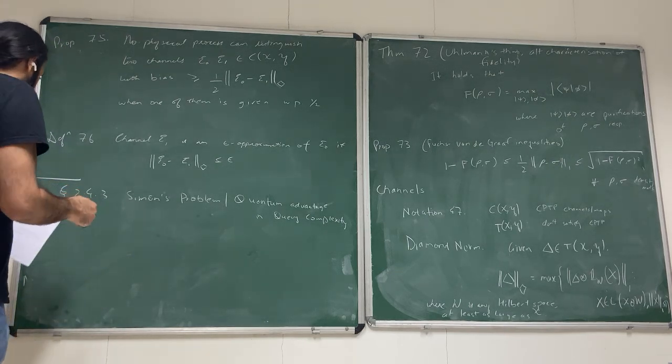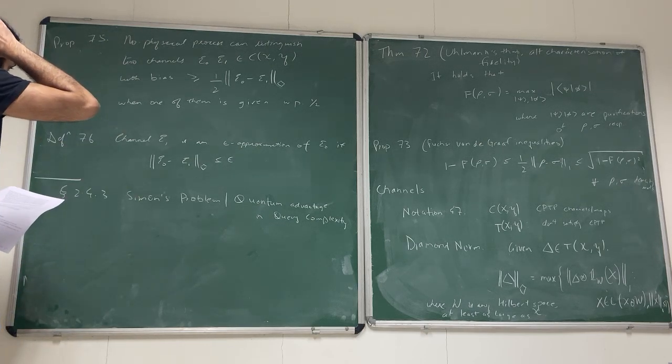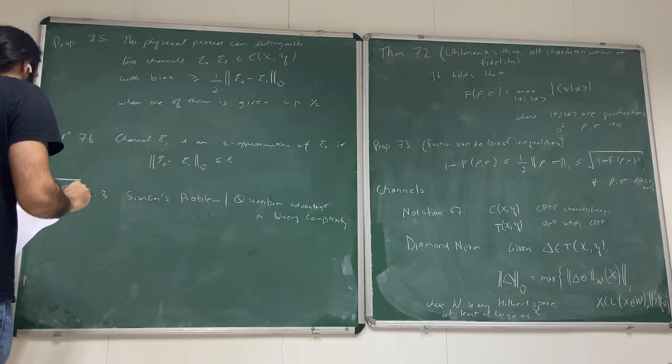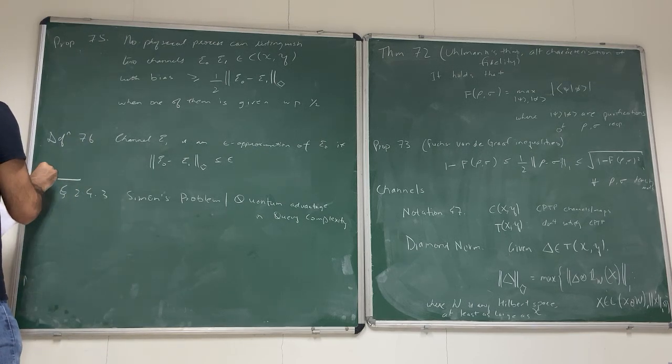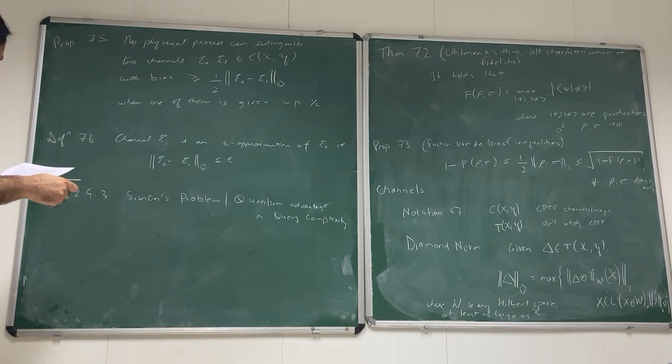Simon's problem is one very nice problem that gives you an exponential separation between quantum and classical. You need exponential queries classically. With quantum, you can do it with essentially one query.